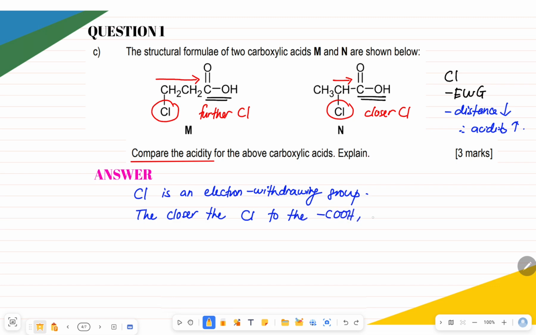COOH, the greater the effect of the electron withdrawing group. We call it the inductive effect. So the closer the Cl to the COOH, the greater the inductive effect of the electron withdrawing group.